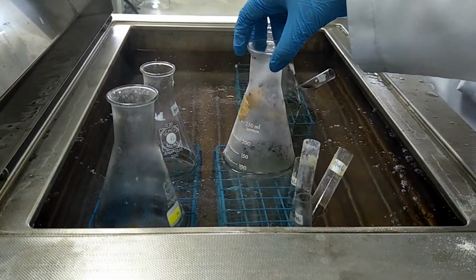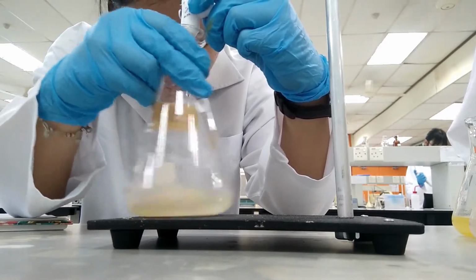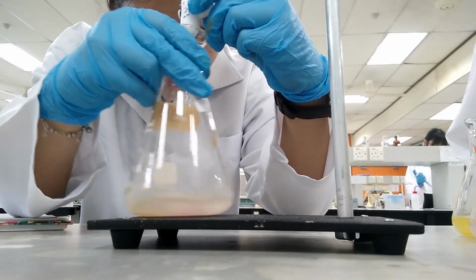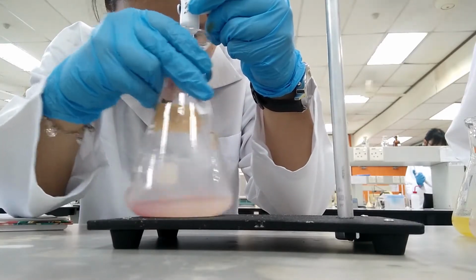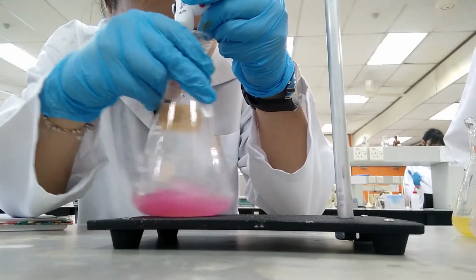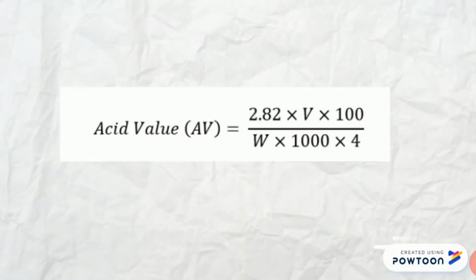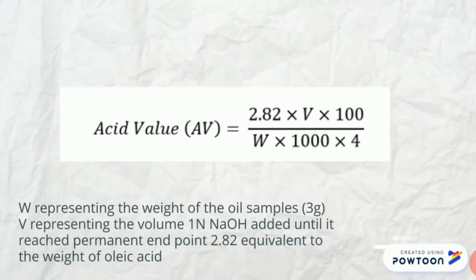The sample solution was boiled for 5 minutes and cooled. 1 ml of phenolphthalein indicator was added into the sample solution. The sample was titrated with 0.1 normality sodium hydroxide solution until a permanent light pink color appeared. The acid value was estimated using the following equation.